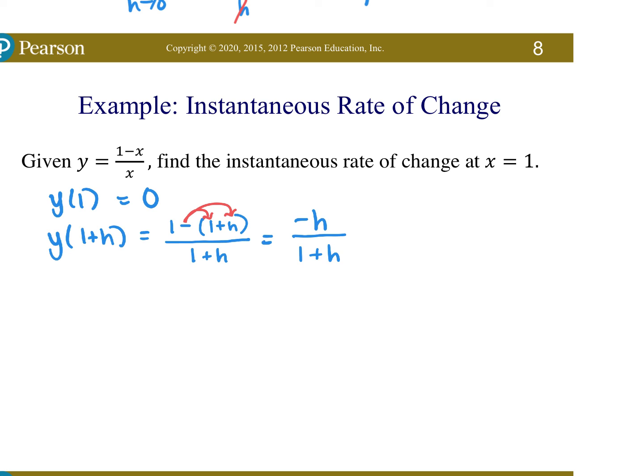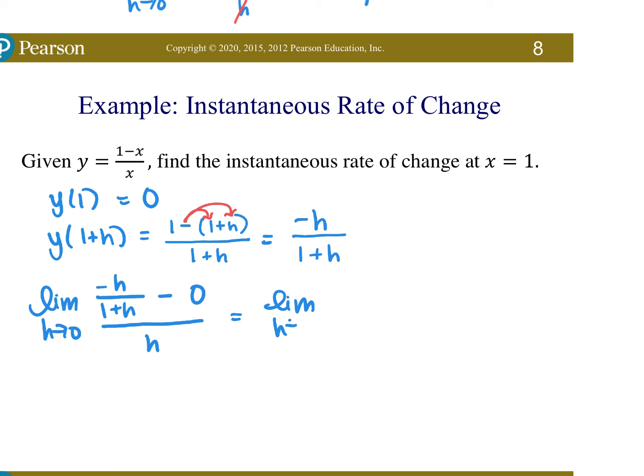All right, so if I'm going to find my instantaneous rate of change now, my limit will be negative h over 1 plus h, minus the other y value, which was 0, all over h. The 0 is not going to affect my problem at all.